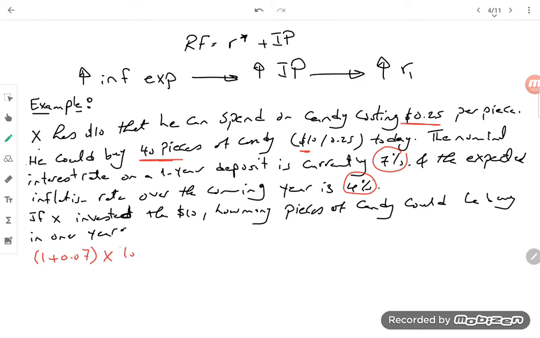The principal is 10 and the interest is 0.07 of 10. So actually he is going to get 1 plus 0.07 multiplied by 10, which is $10.7. This is in 1 year.